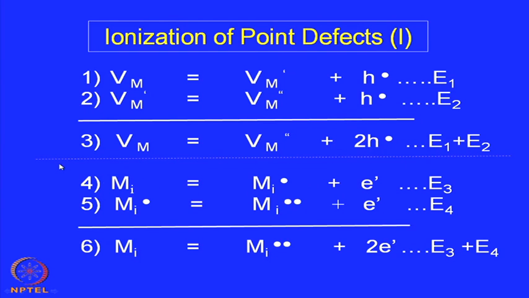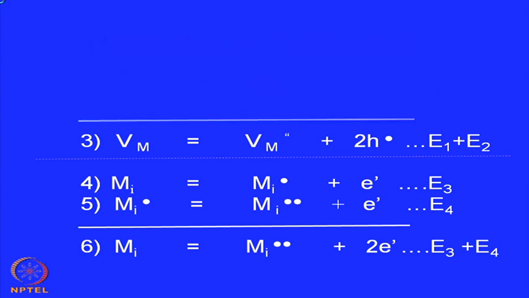In the same way for the metal interstitial, you can have this kind of ionization, and it may be E3 and E4. So, by adding together, one metal goes to double dot plus 2 electrons. So, it releases 2 electrons, and the total energy involved is E3 plus E4. The same thing happens with oxygen also.